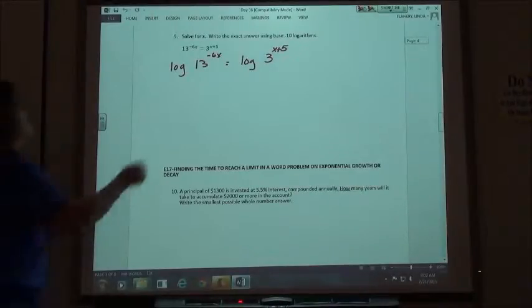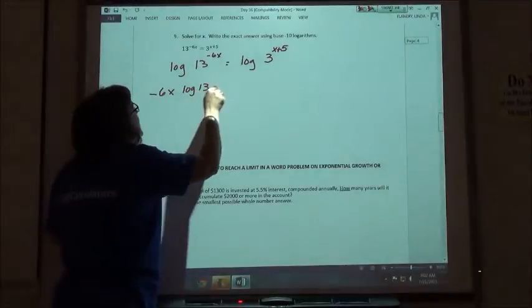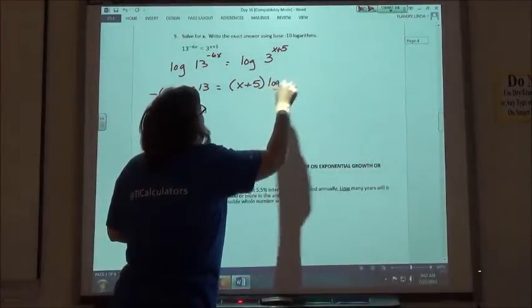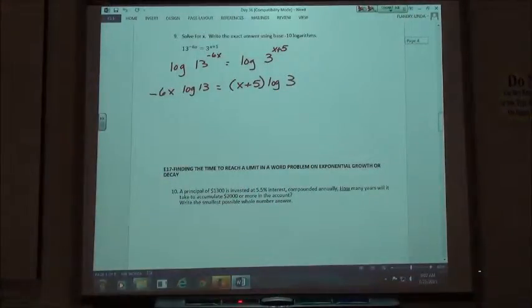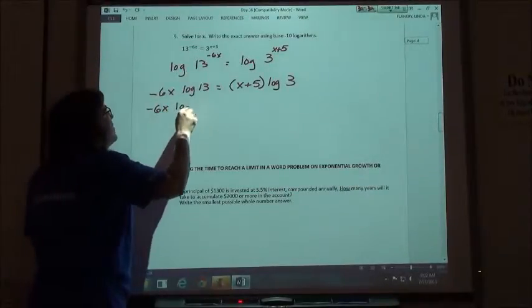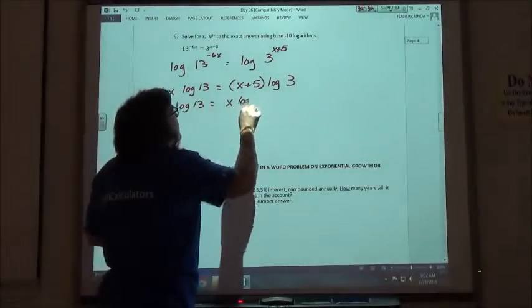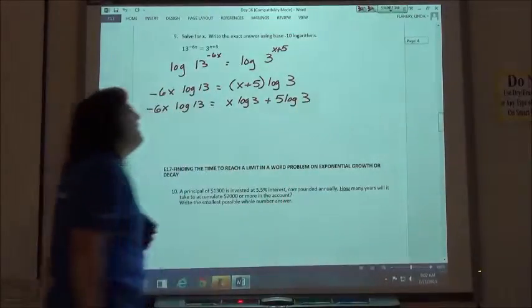Move my exponents out front, so negative 6x times the log of 13 equals x plus 5 times the log of 3. Use my distributive property to get rid of my parentheses, so negative 6x log of 13 equals x times the log of 3 plus 5 times the log of 3.